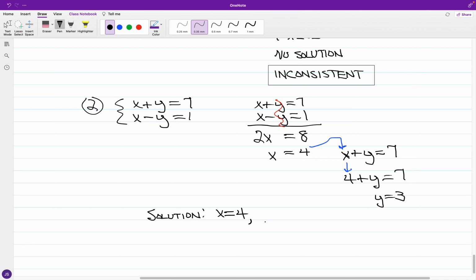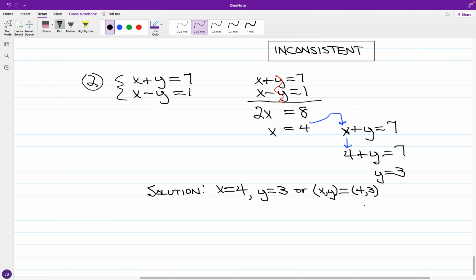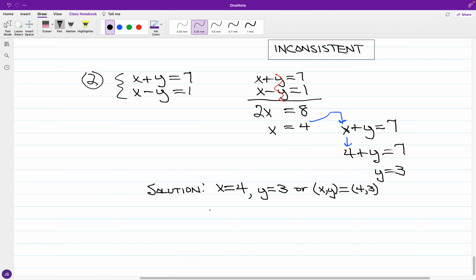You have x equal to 4, y equal to 3, and so for the combination as a point, we have xy is equal to 4, 3. So there is one solution, and this type of system is going to be consistent and independent.